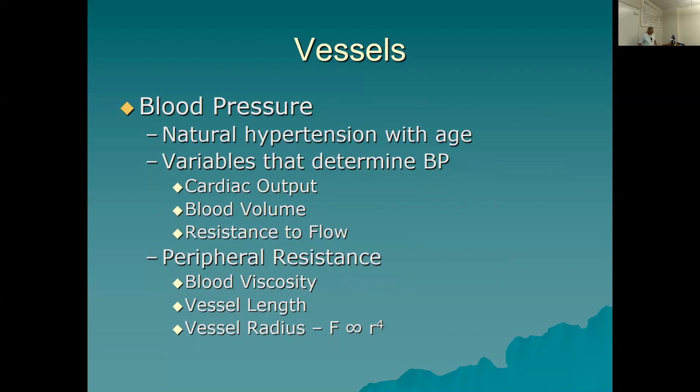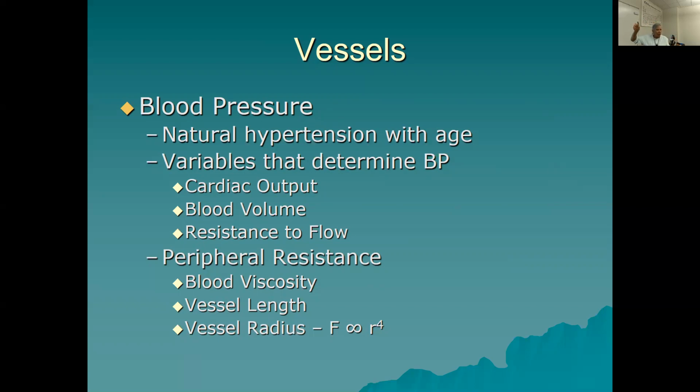Okay. So what kinds of things affect blood pressure? We naturally get a little more hypertensive with age. Our blood pressure tends to go up, and our body tolerates that for some reason. That's because our arteries become less elastic. Everything becomes less elastic with age. When blood is pushed through the arteries, they bulge out and become a larger space.